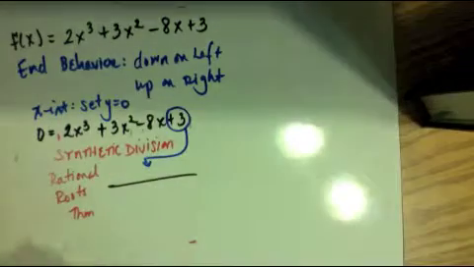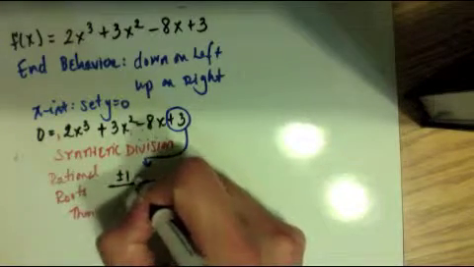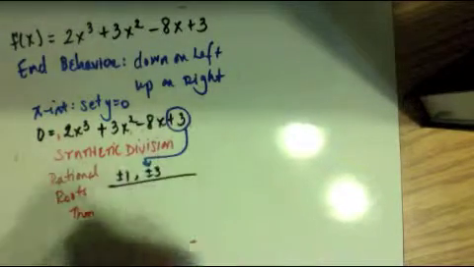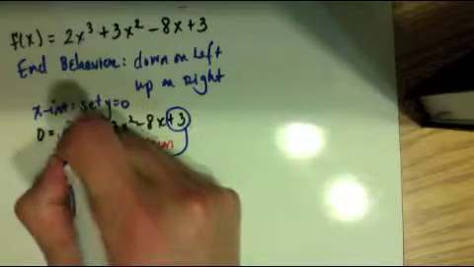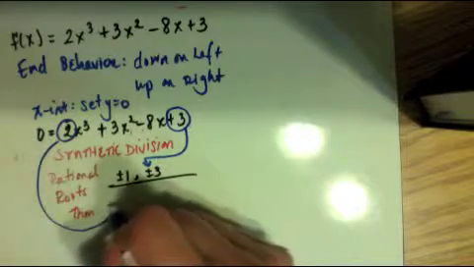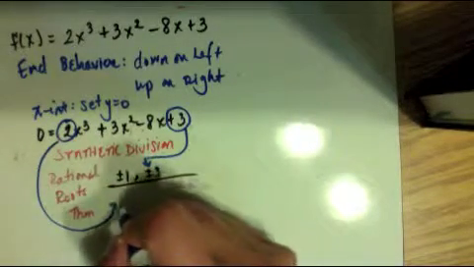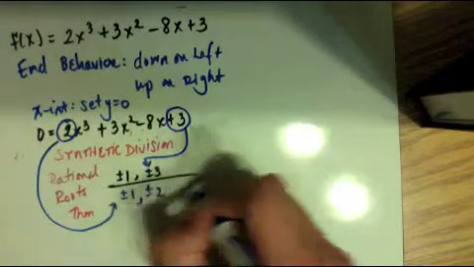I'm going to take the factors of positive 3, which would be plus or minus 1 and plus or minus 3. Then I'm going to also take the factors of the leading coefficient, and he will be the denominator. So the factors of 2 are plus or minus 1 and plus or minus 2.